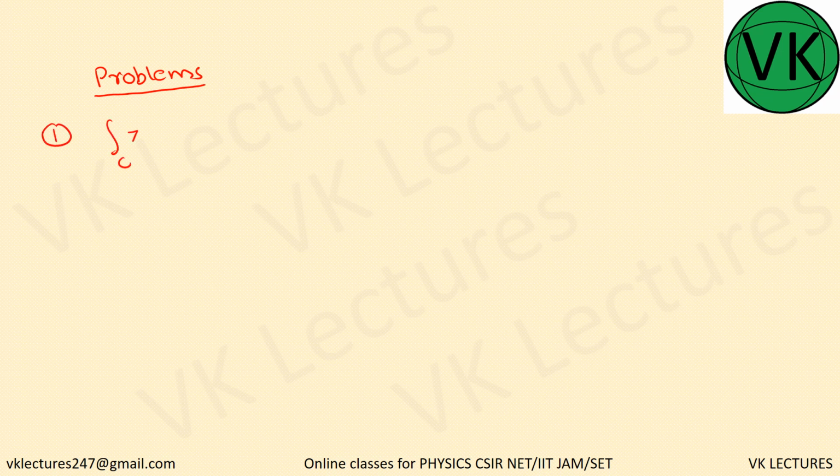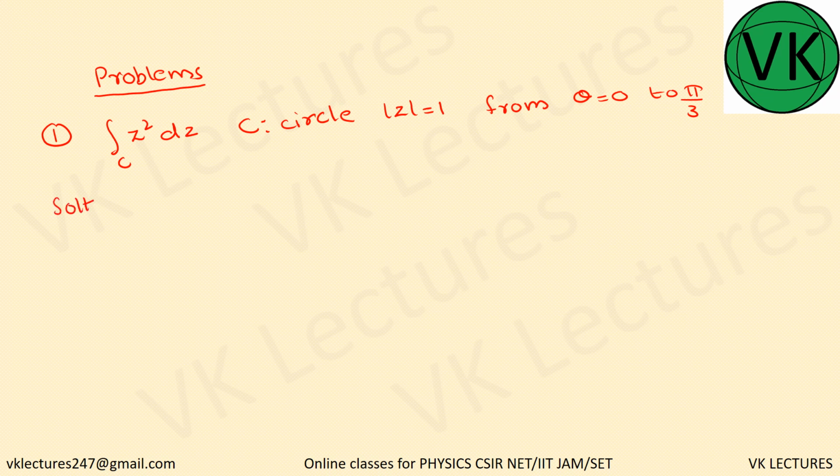Integral c z square dz, contour is a circle, modulus of z is equal to 1 from theta is equal to 0 to pi by 3. Solution: you can write as let z is equal to r e raised to i theta.